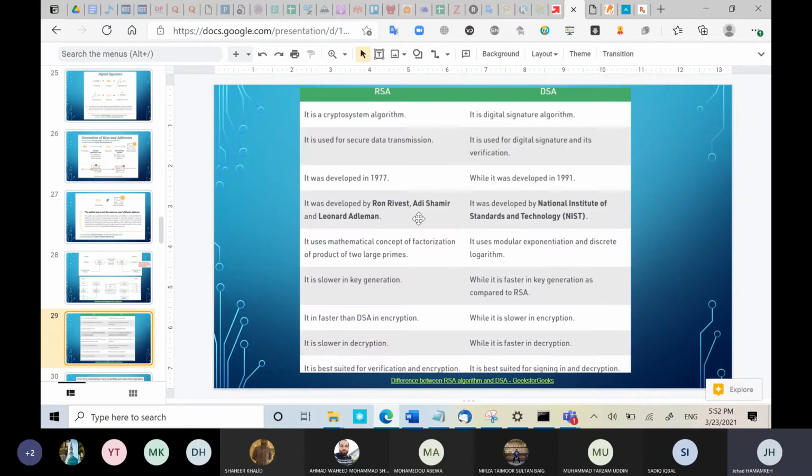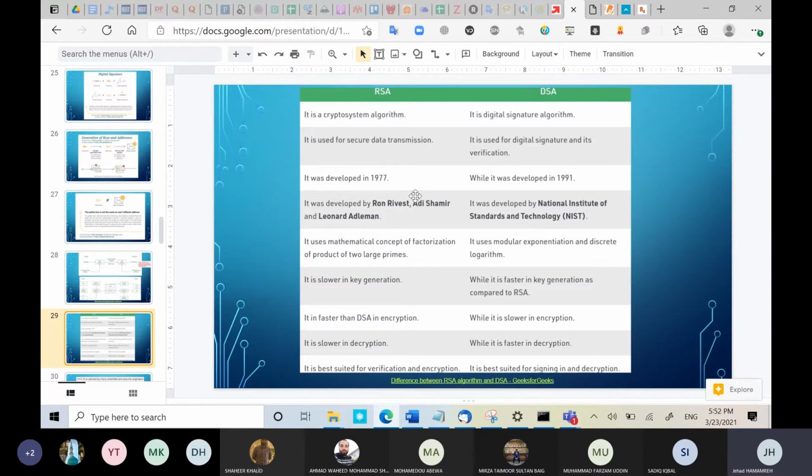If we summarize them in a table, we would say the following: RSA is a crypto system algorithm, while DSA is a digital signature algorithm. RSA is used for secure data transmission. DSA is used for digital signature and verification, basically for authentication.